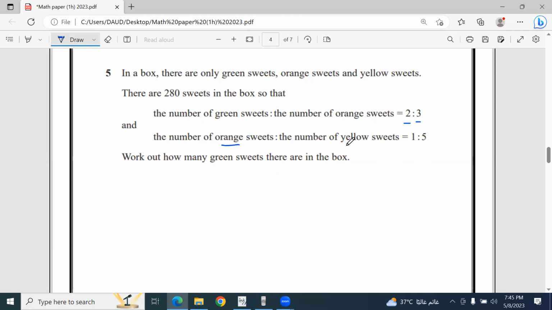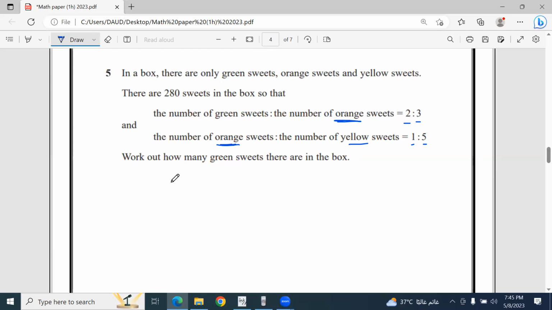The number of orange sweets to the number of yellow sweets is 1:5. So we must have the ratio from green to orange and orange to yellow. Did you notice orange comes two times, with green sweets as well as with yellow sweets?